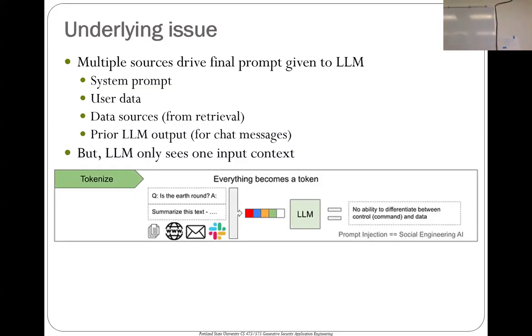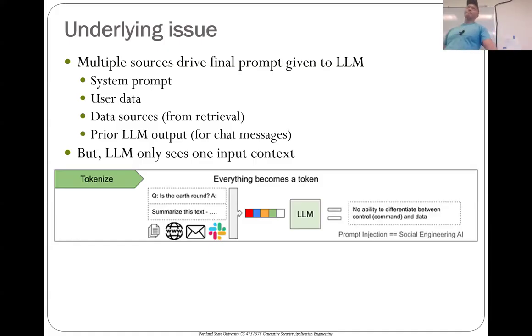All the LLM sees is a bunch of words going across. There is no delineation between these words as being system prompt, user data, external data. It's all the same. It's one context. And so this is where the LLM has no ability to differentiate system versus data. In other formats, you have this clear delineation between what's code and what's data.